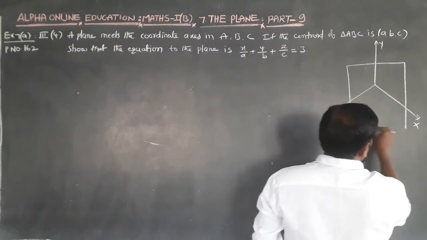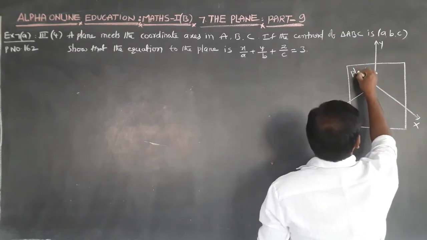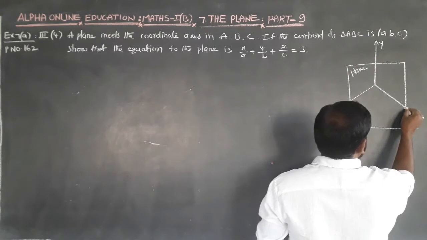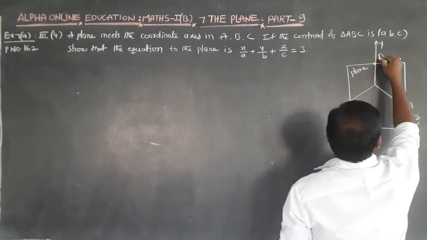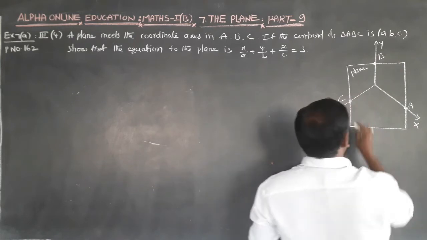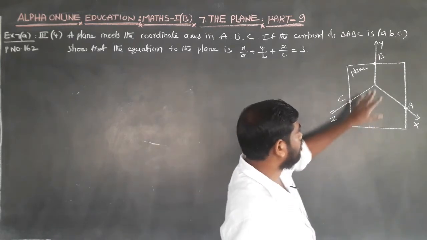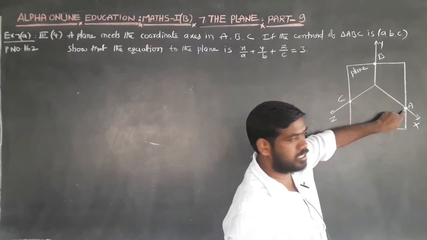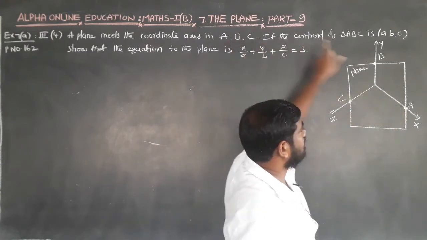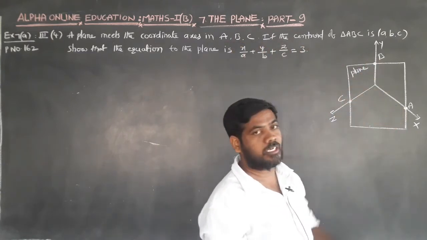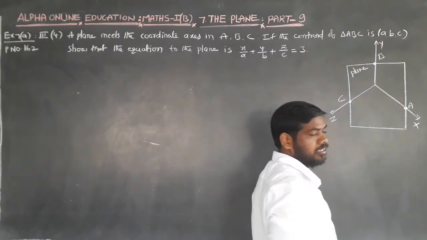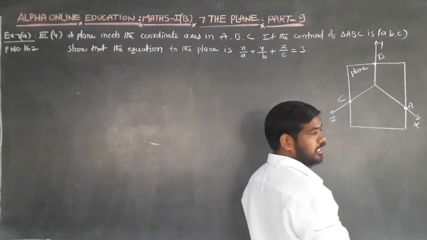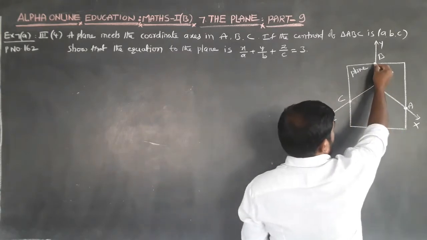A plane meets the coordinate axes at A, B and C. The centroid of the triangle ABC is (a, b, c).